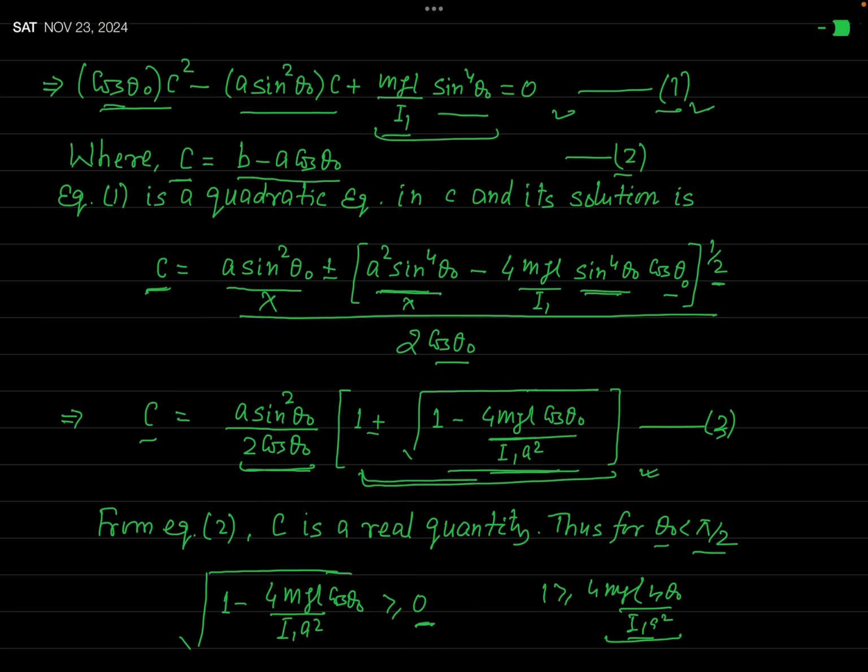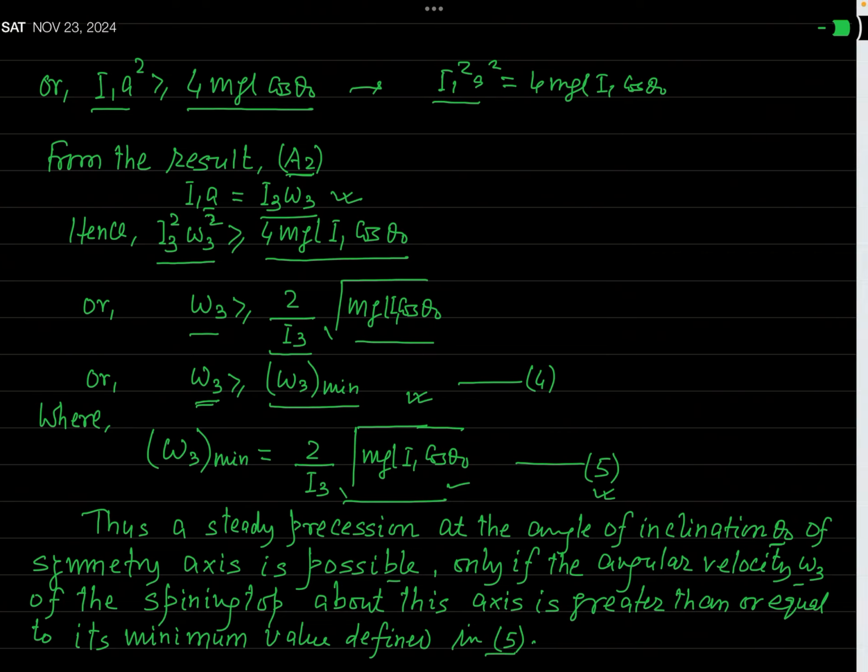For getting the larger value, we will take this factor inside the square bracket equal to 2. So that will be equal to 2a sine square theta naught over 2 cos theta naught. And when you try to find the smaller value of C, then you take this expression inside the square bracket equal to 2 mgl cos theta naught over I1 a square.